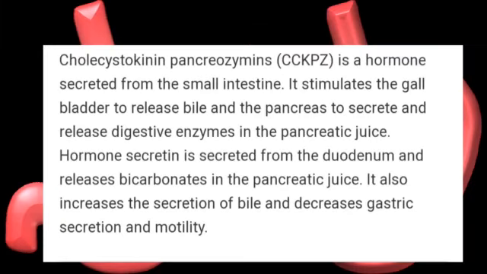Cholecystokinin-pancreozymin, that is CCK-PZ, is a hormone secreted from the small intestine, and it stimulates the gallbladder to release bile and the pancreas to release digestive enzymes in the pancreatic juice. The hormone secretin is secreted from the duodenum and releases bicarbonate in pancreatic juice.